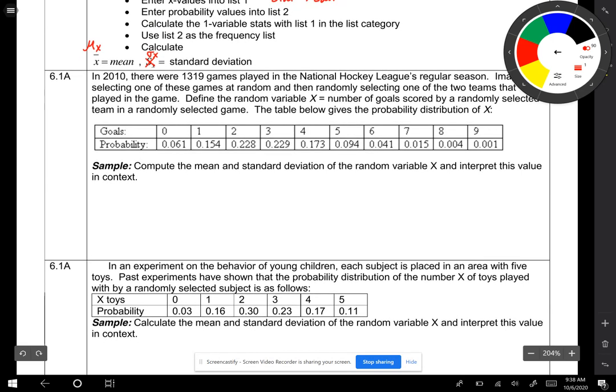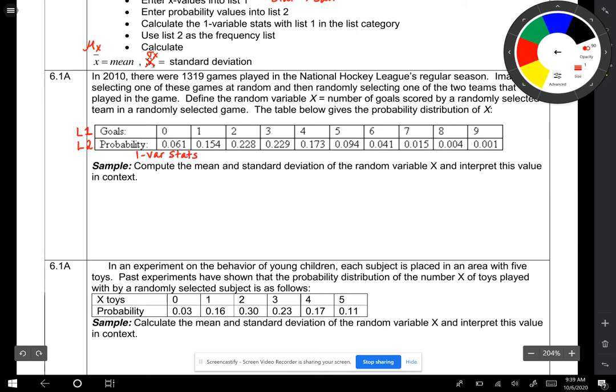For this one, I went ahead and entered the goals in list 1. I'll just tell you what I did, so you can go back and do it if you want. I entered probabilities in list 2, and then I computed a one variable stats.